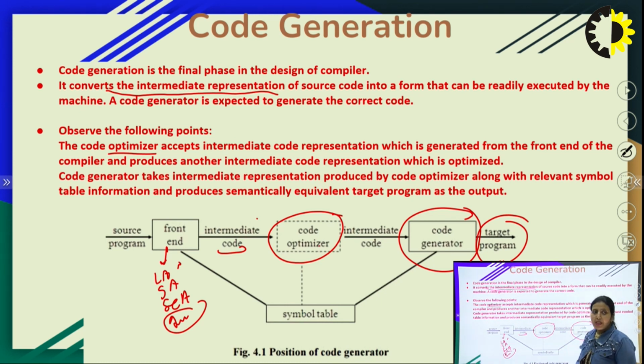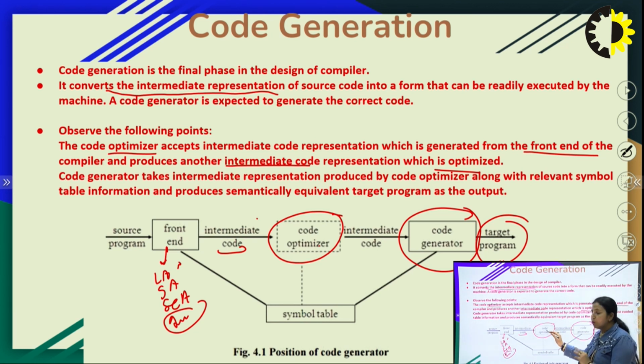The code optimizer accepts the intermediate code representation generated from the front end of the compiler, and produces another intermediate code representation which is optimized. It just optimizes the intermediate code, that is the code written in 3-address code.